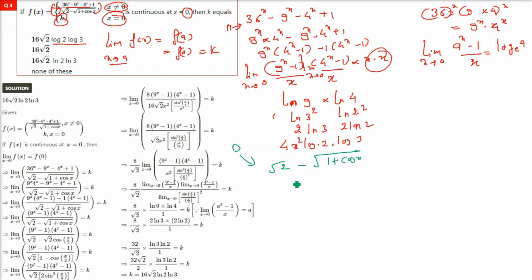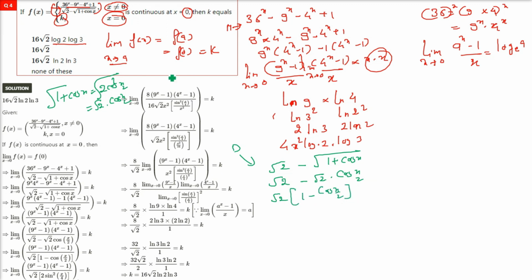Root 1 plus cos x can be written as 2 cos square x by 2. So when you take the root of this, it will be under root 2 cos square x by 2. It can be written as under root 2 multiplied by under root cos square x by 2, so under root 2 into cos x by 2. So root 2 you can take common, 1 minus cos x by 2 it will be.